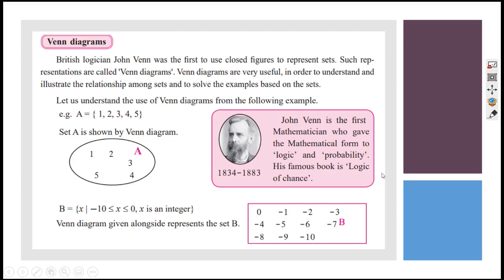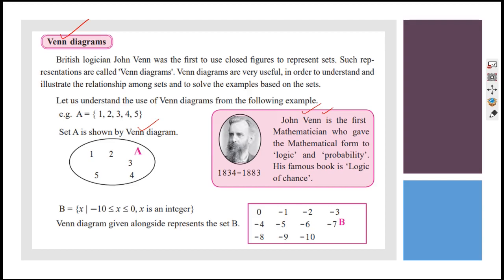Another thing you studied in the chapter is Venn diagrams. A system developed by John Venn, where we represent sets with the help of Venn diagrams, or diagrams which show the elements in specific boundaries.